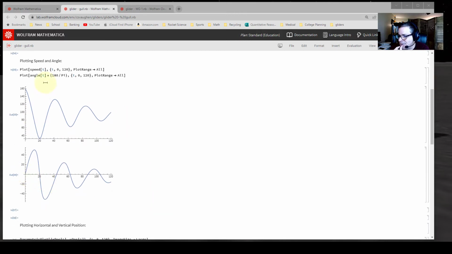This is the angle plotted over time in degrees, reaching up maybe to 45 or 50 degrees, dropping down to maybe negative 50 degrees. So the pitch is oscillating over time, up and down, as it gradually regains horizontal flight.